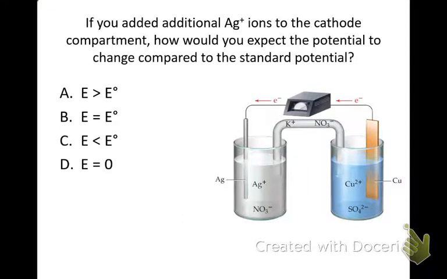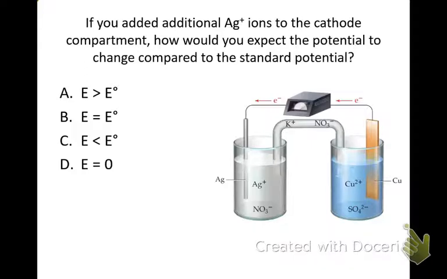So if the reaction is more spontaneous in the forward direction, how would we expect the cell potential to change compared to the standard potential? Now remember, the standard potential is calculated when we have 1 molar of each of the aqueous solutions. So if we added more silver plus, how's that going to change the potential?